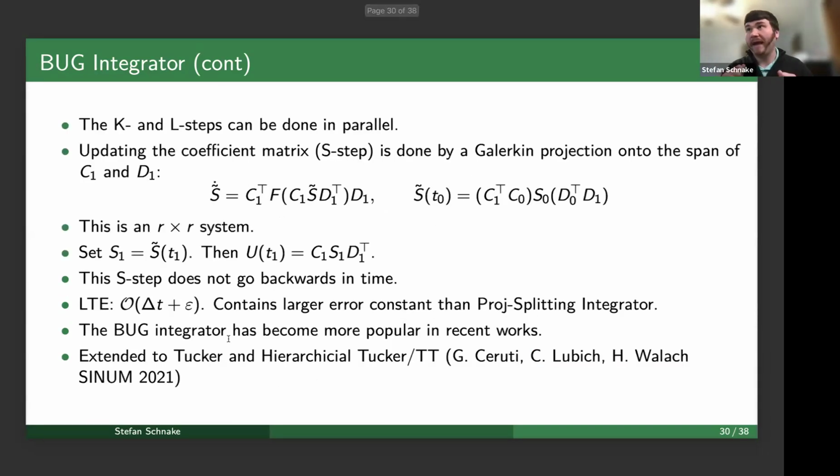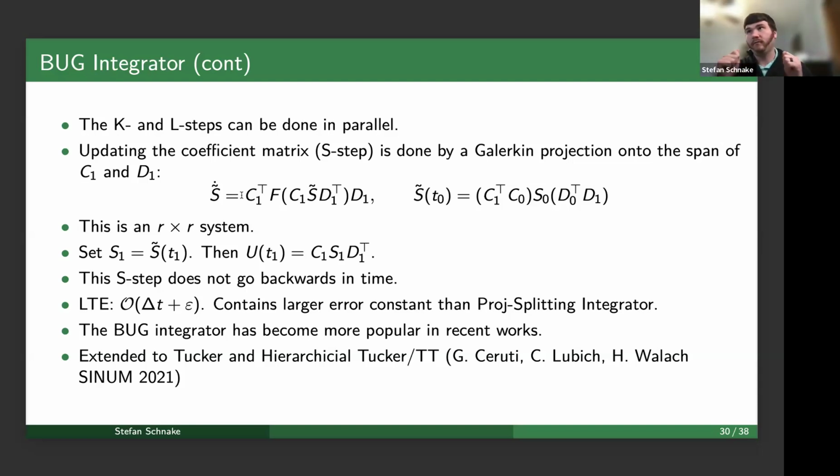So this is where the basis update of the BUG comes in. We update both bases, K and L, and this can be done in parallel if you want. And then we're going to evaluate the S coefficients. The S step is done by just projecting onto the span of C1 and D1. Before, in the projector splitting, we had a negative sign here because we were going backwards in time for the Lie-Trotter splitting.